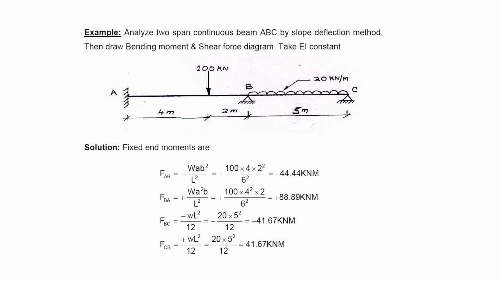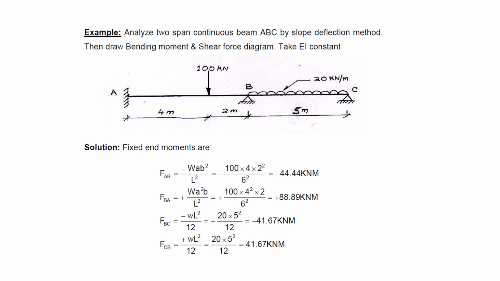So we have to work out all the fixed end moments, and let us consider each beam end to be fixed at both ends. So span AB, you can see the 100 kilonewton load at a distance of 4 meter from A, and 2 meter from B. And this fixed moment FAB is minus W A B square by L square.